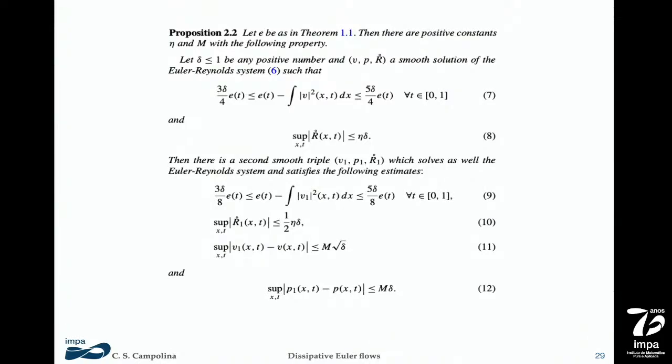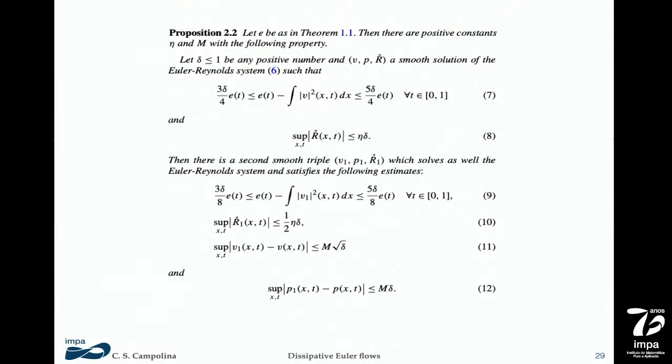The energy of this flow, v, is close to the prescribed energy, bounded from below and above by these constants and the profile multiplied by delta, right? And also the supremum of the Reynolds stress satisfies this bound by delta. So this proposition asserts that if we have such a triple, then we construct a second triple, v1, p1, r1, which satisfies all the same things, but with delta over 2.